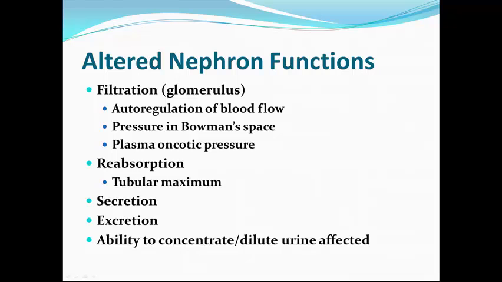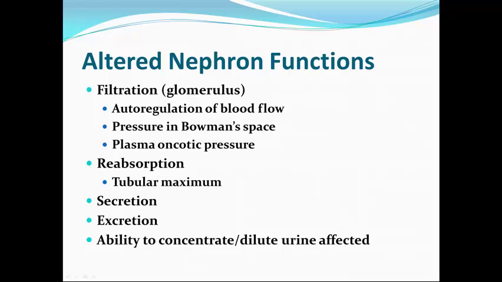First off, remember that the glomerulus is both entered and exited by an arteriole. The glomerulus is entered by the afferent arteriole and exited by the efferent arteriole. As a result, because this is an arteriolar bed, if you increase or decrease resistance of either of those arterioles, you will affect the glomerular filtration.